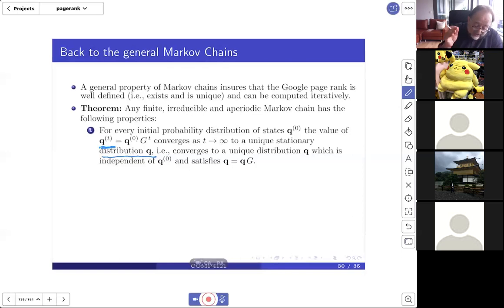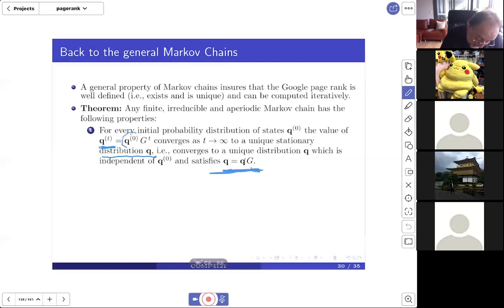Because if T is large, this will always be almost the same, and as T grows larger and larger, in fact, it converges to a fixed distribution, which we call the stationary distribution of the Markov chain, right? Why is it stationary? Because if you are in that distribution and then you apply one transition by matrix G, you get back exactly the same distribution.